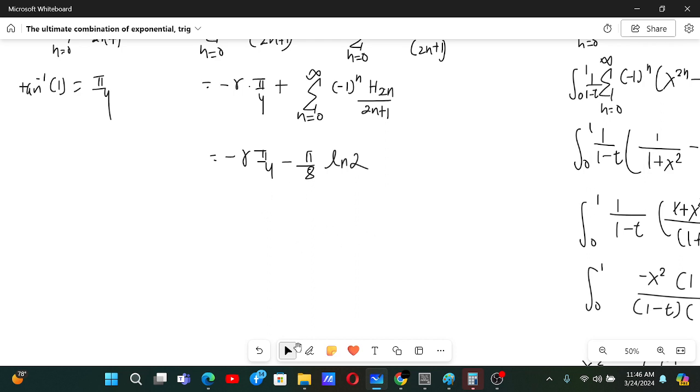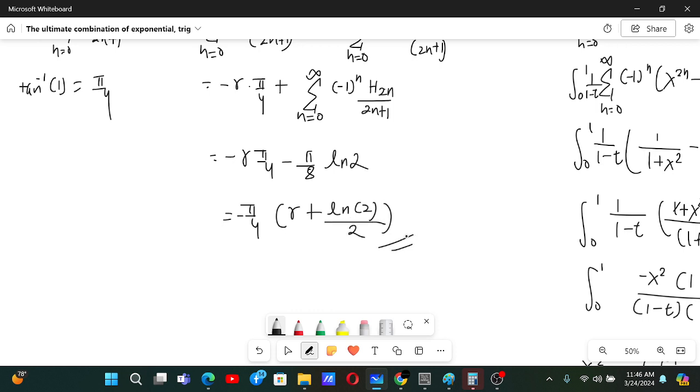Let me take pi by 4 common out, and also the minus sign, minus pi by 4. That gives me gamma plus ln 2 by 2, and that's the correct answer. This is the answer that's there: minus pi by 4 times the Euler-Mascheroni constant plus ln 2 by 2.